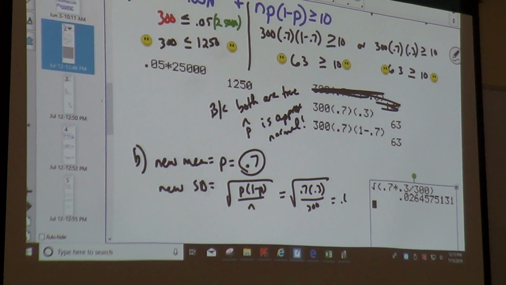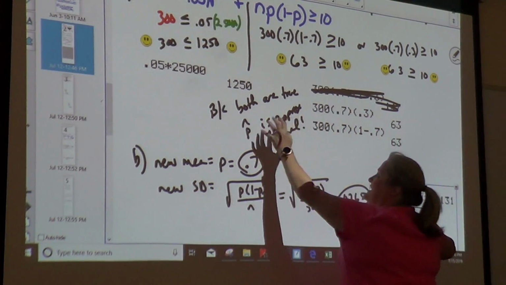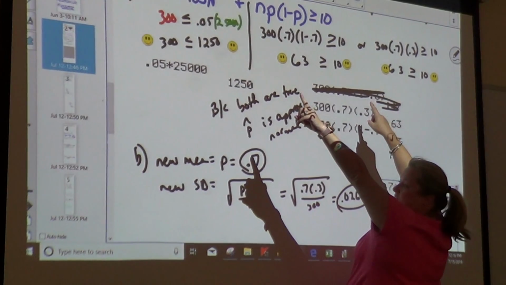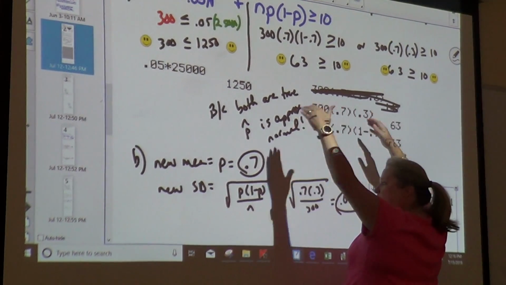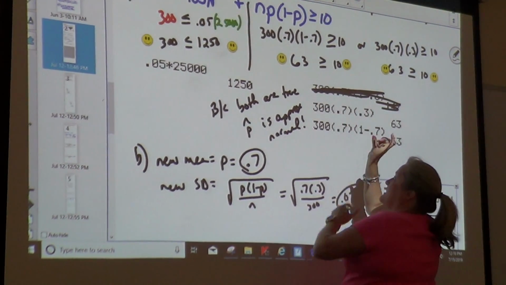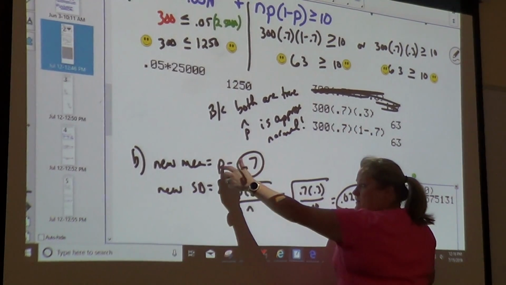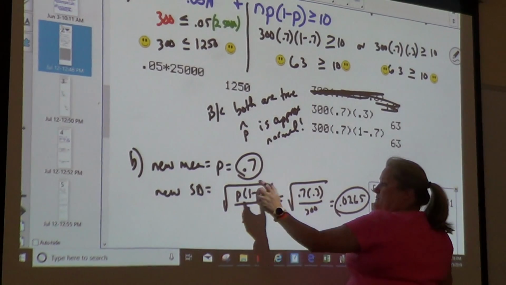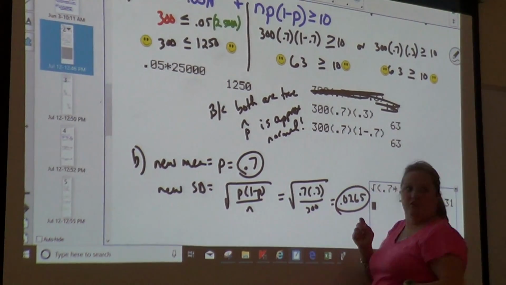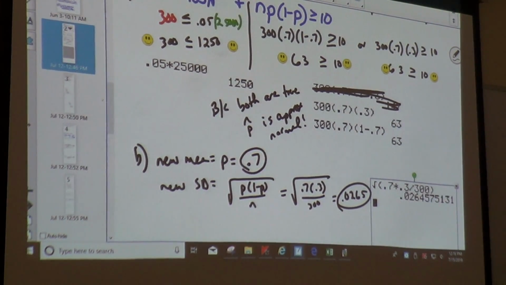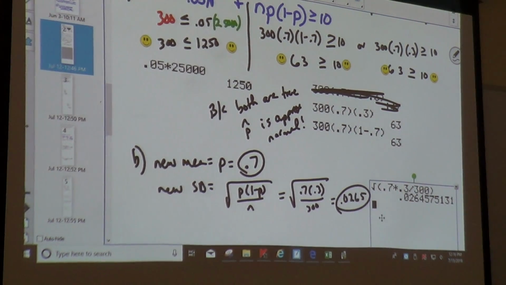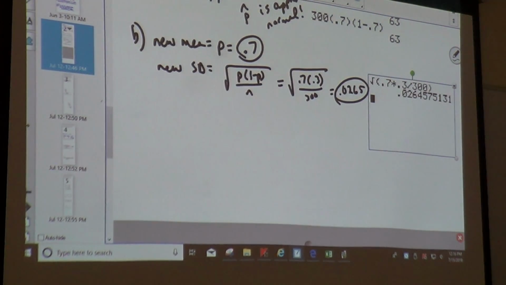So the first thing I did was say, is it going to be normal? I looked at those two things and said, is it going to be normal? Yes, it's going to be normal because I have smiley faces. Now that I know that it's normal, what is my mean and what is my standard deviation? My mean is my P. My standard deviation is the square root of P times 1 minus P over N. Let me come down and show it to you pretty.